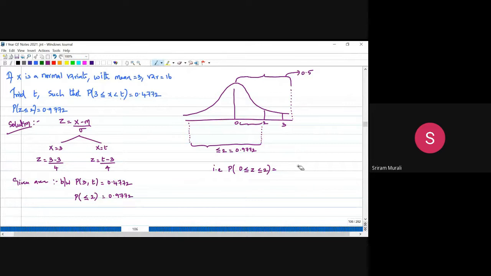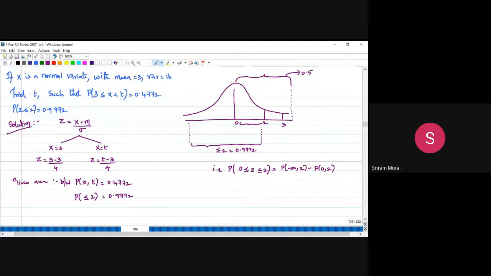What is the highest value? 0.9772, minus infinity to 2, minus 0 to 2. That is between 0 to 2.